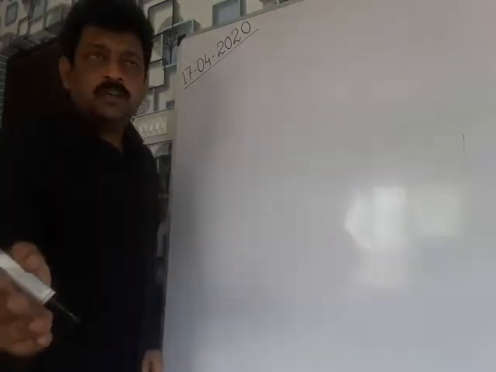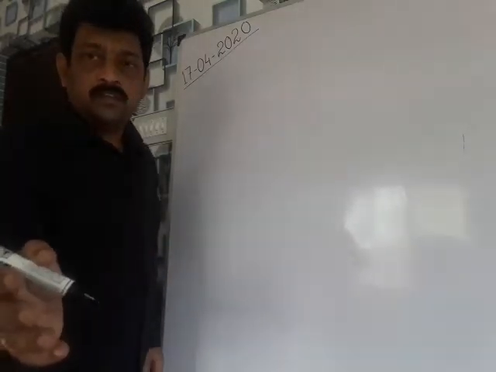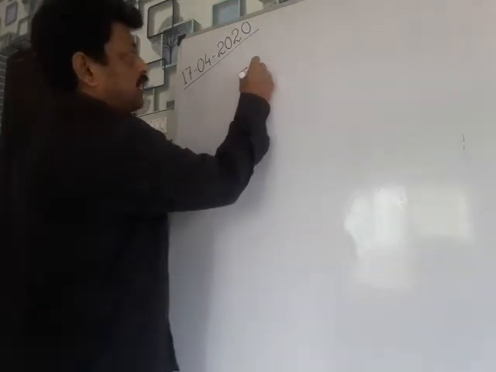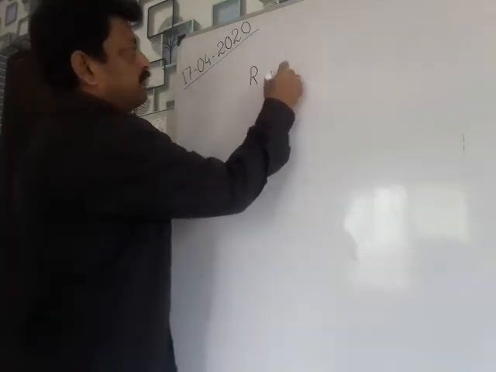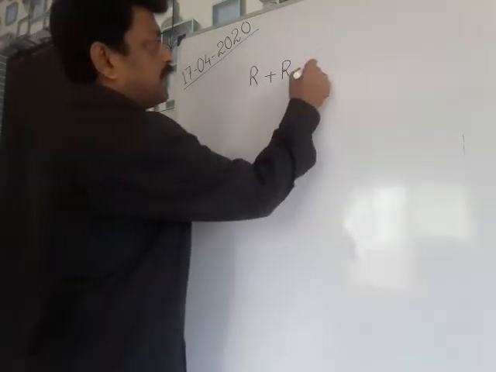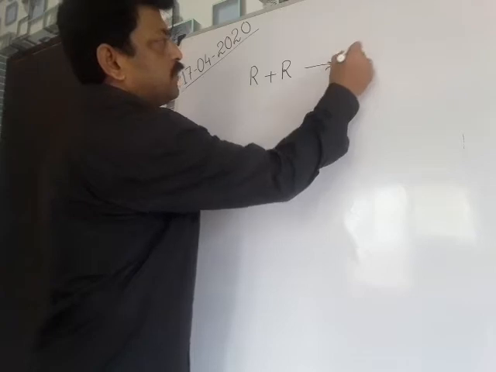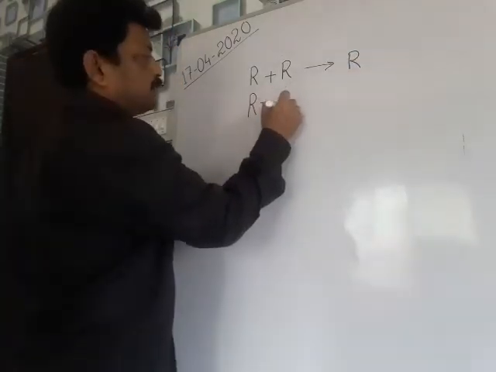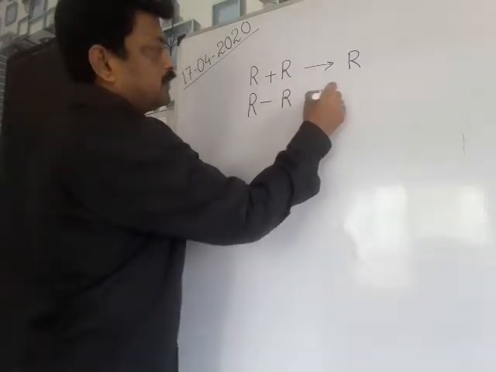So we have earlier learned in class 8 about rational numbers, that if two rational numbers are added, here R denotes rational number, then their result is also rational. If two rational numbers are subtracted, their result is also rational.